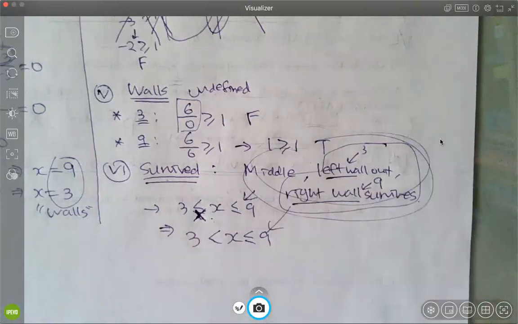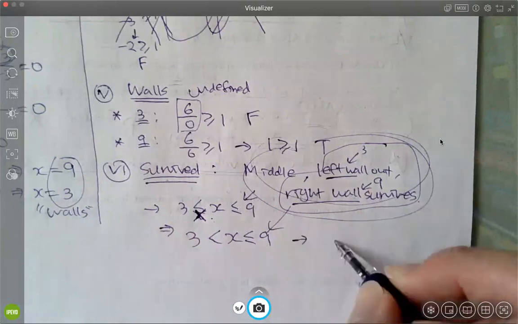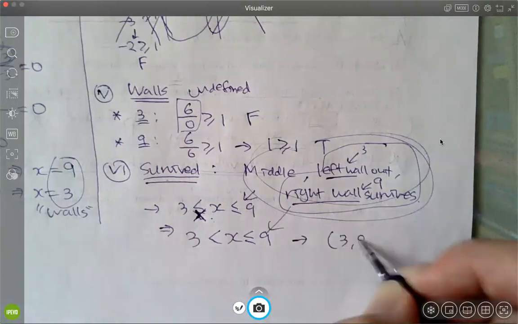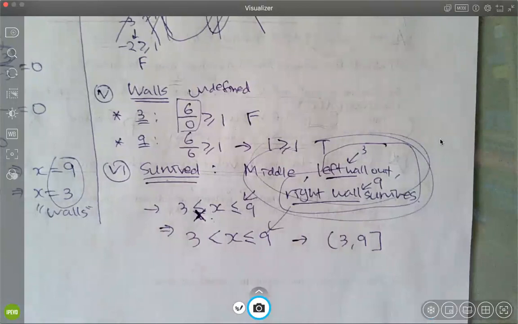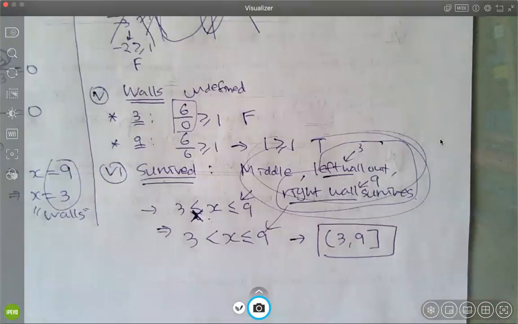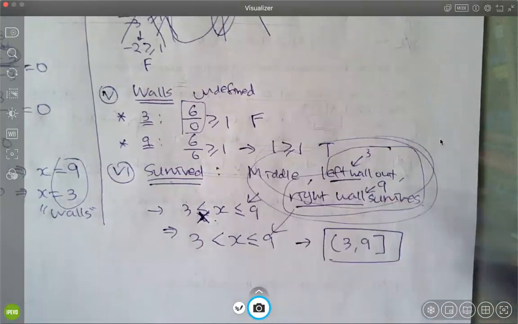Okay, so now what's the interval notation of this? Parentheses 3 comma 9 bracket, right? So that is the tricky thing here for this rational inequality, because sometimes you may get a true statement for one of the wall values, and sometimes you may get a false statement.